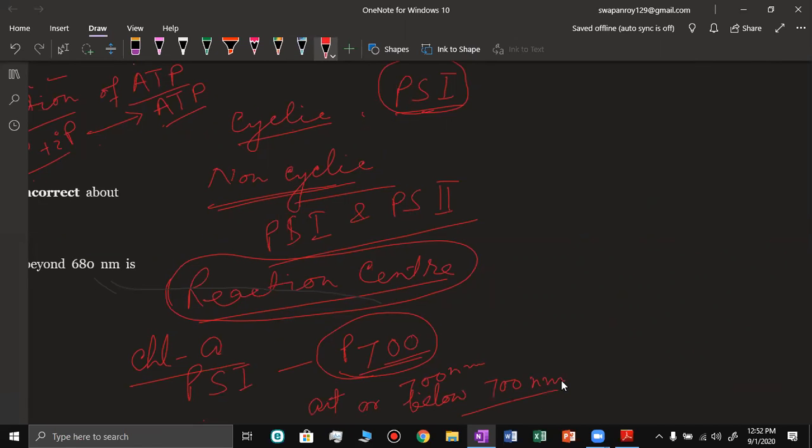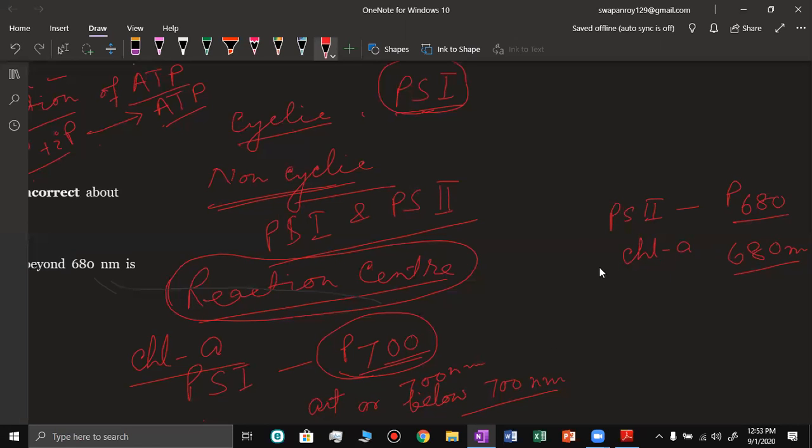And the reaction center of the PS2 is known as P680. It means this one is made of the chlorophyll A molecule which has absorption maxima at 680 nm. So this absorbs light energy at or below 680.